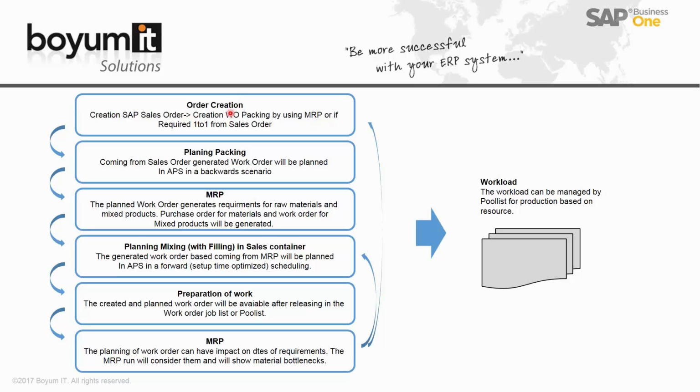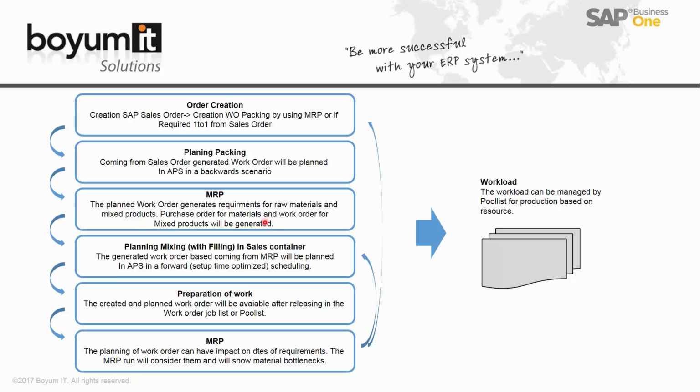And the created work order, you can plan here in APS in the first planning scenario, especially for the work order for the packing, for the finished product. And you make here, for example, a backwards planning to get a start date. Based on that, you have the MRP run, and then you get some order recommendation to generate for your raw materials purchase order, but also to summarize quantities and maybe then to generate your work order for your mixed product.